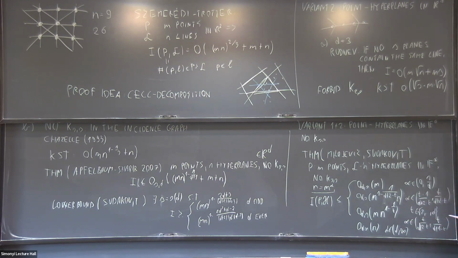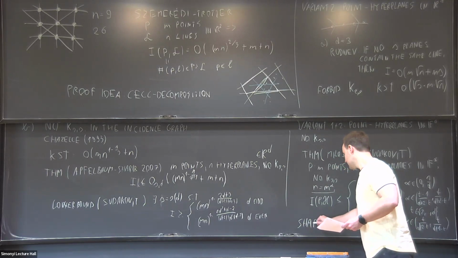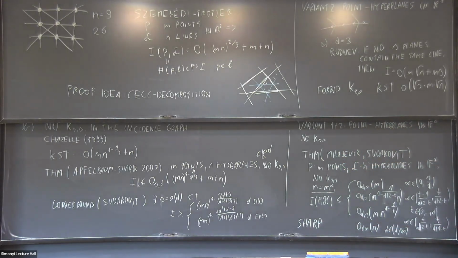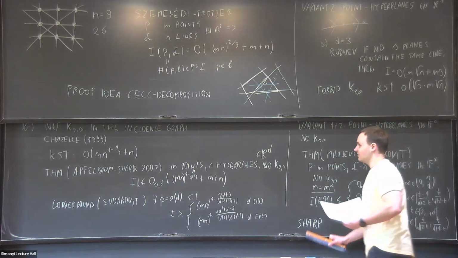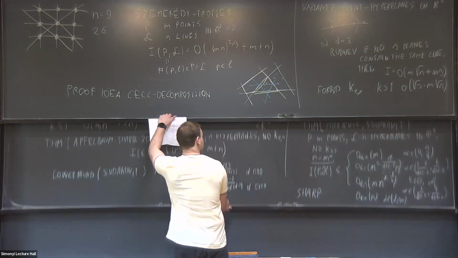So we get this upper bound, which might be a bit complicated at first, but actually this bound is also sharp. So again, this bound is sharp in the sense that if I don't have information about the field, I cannot prove a better upper bound. Or let me maybe write out what sharp means, so I can get rid of this.